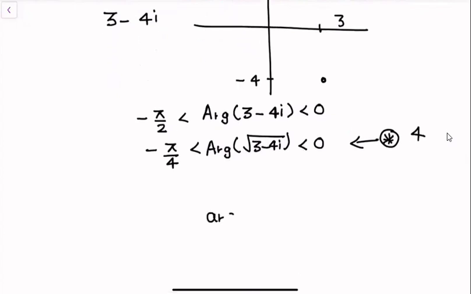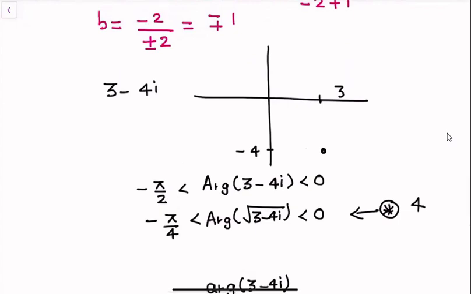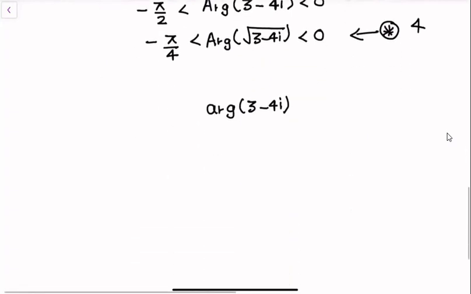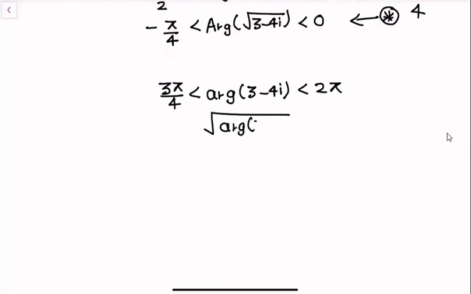Therefore, considering this complex number located in quadrant number 4, the argument of this complex number can be between 270 and 360. 270 is 3 pi over 2, 360 is 2 pi. Then if we take the square root, arguments will be halved.